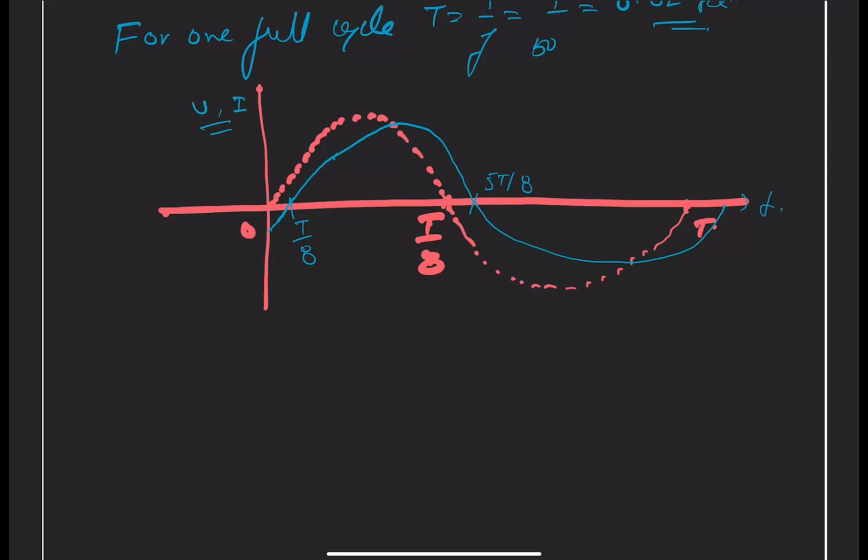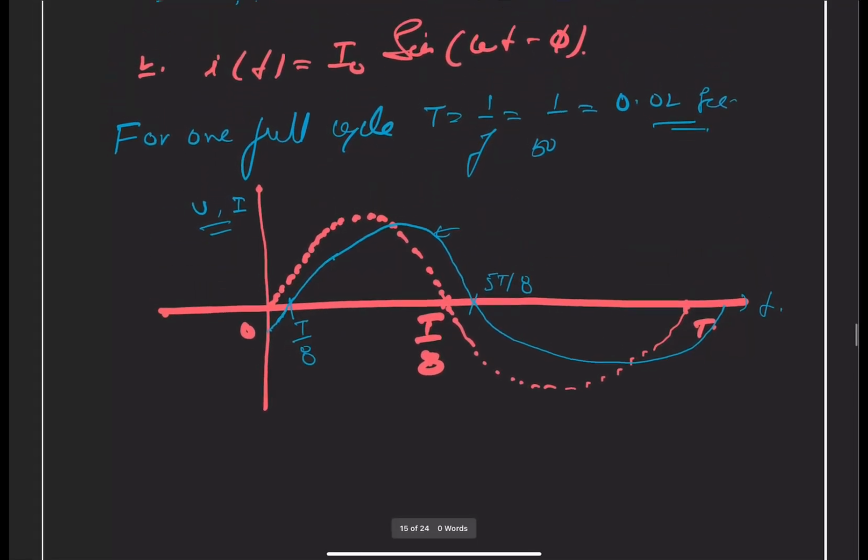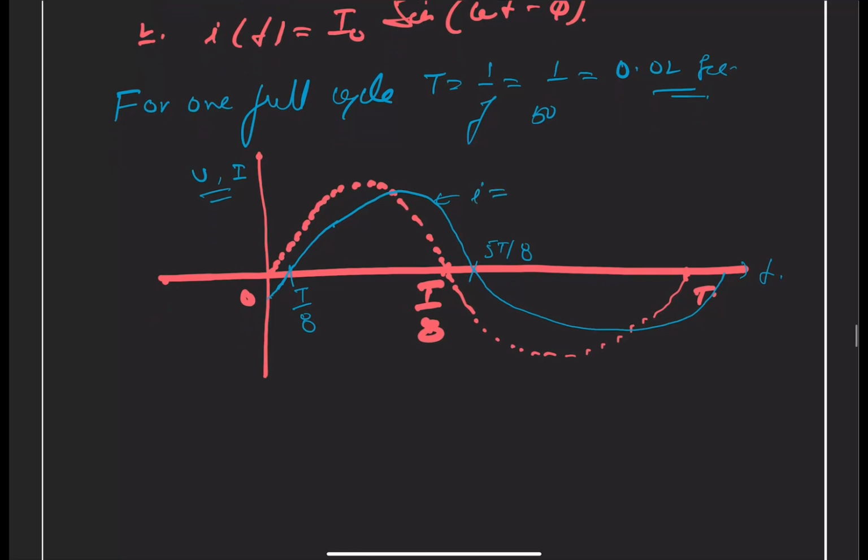This is our current, for which we found the equation I is equal to 20 sine of omega t minus pi by 4.